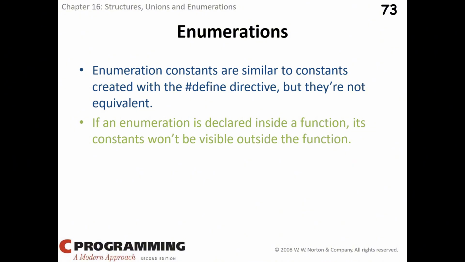And this encapsulation ensures that the enumeration constants do not interfere with other parts of the program. So unlike constants created with define, which are processed by the preprocessor and substituted with their values throughout the code, enumeration constants retain their symbolic names and are treated as distinct entities by the compiler.